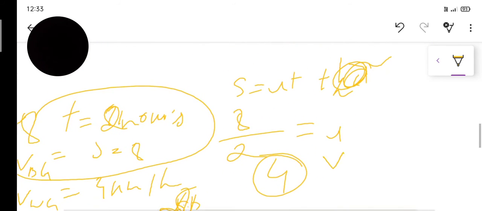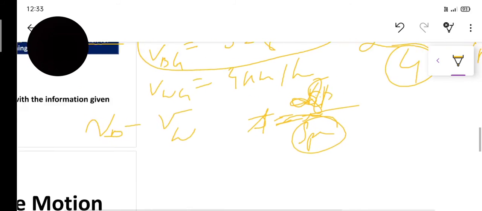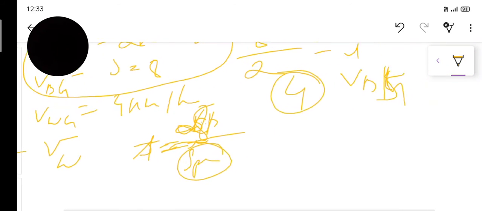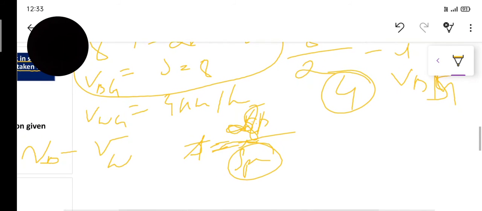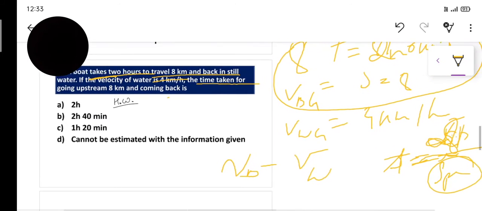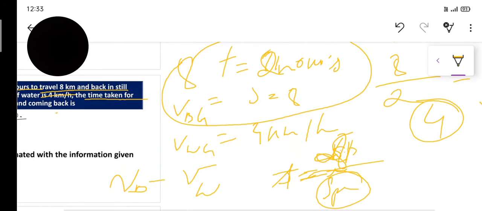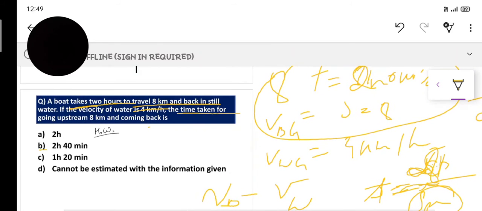This is the velocity of boat with respect to river, with respect to ground. So I have a problem. So answer is 2 hour.